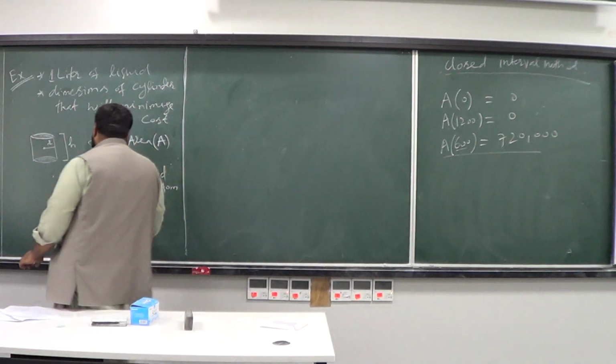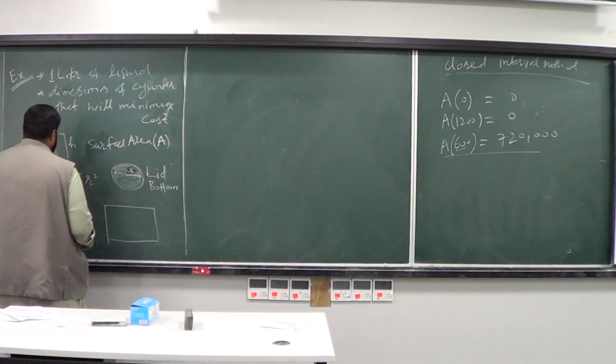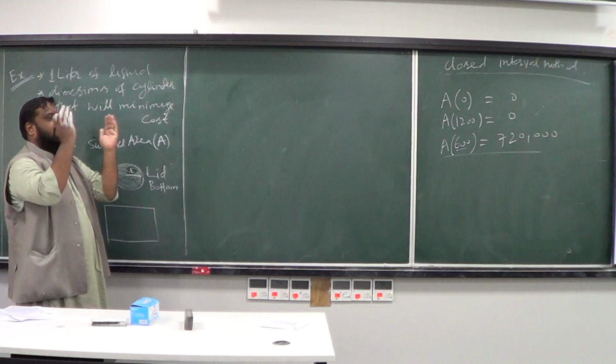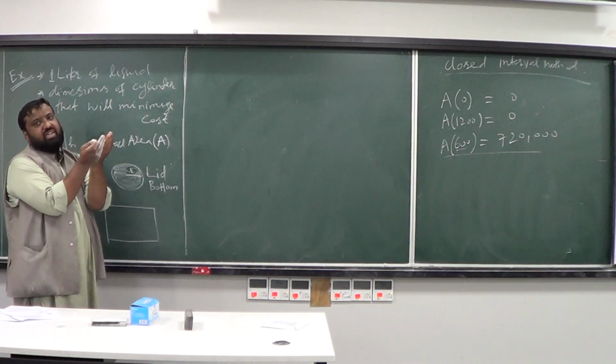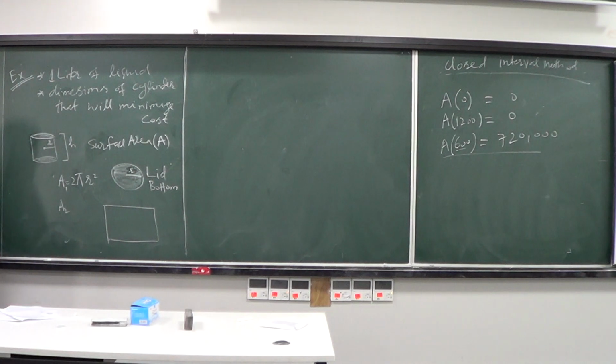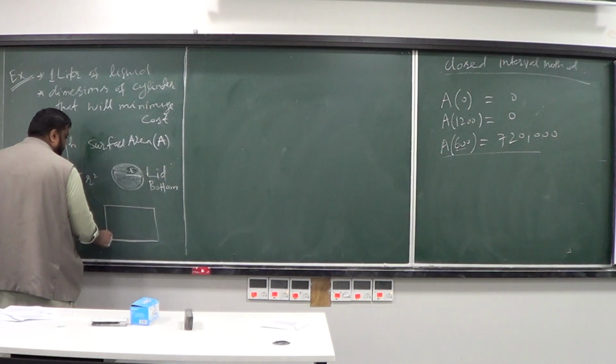So what should be the area of this rectangle? Can we figure out the area of this rectangle, which represents what you get when you take a rectangle and fold it to make a cylinder? What should be the dimensions of the rectangle if you open it?